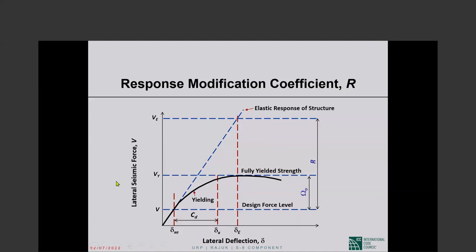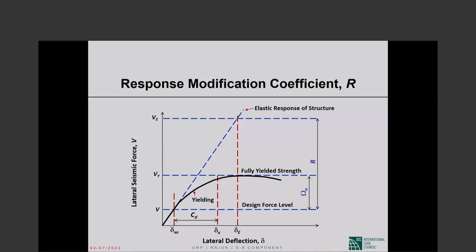The forces induced in the structure as it goes through the design earthquake are on the y-axis, and we have specifically plotted the base shear V, and on the x-axis are the displacements suffered by the structure, the lateral displacements as it goes through the design earthquake of the code.